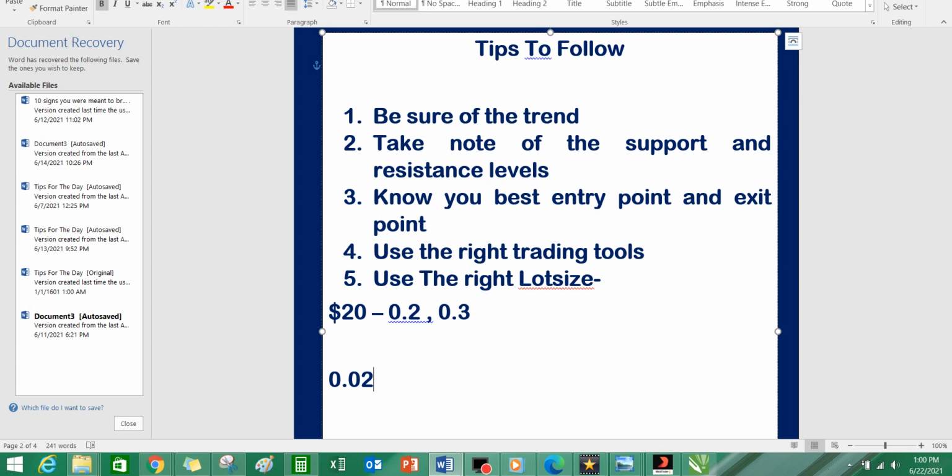Even if the market is going against you, you won't be seeing a big figure, and within minutes you will get back into profits. This is amazing, right? This is what we want to achieve. We'll be using 0.02 lot size, and I'm going to share with you how to achieve this.